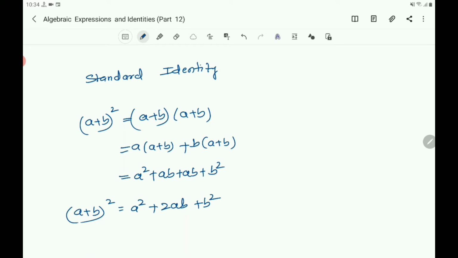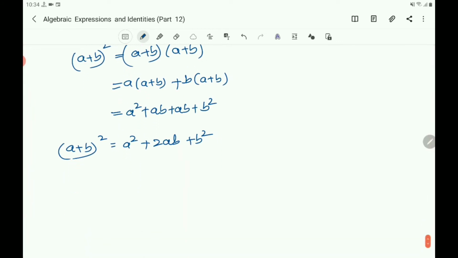So clearly this is an identity because this is true for all the values of the variable in it. So you may verify that for any value of a and any value of b, the values of the two sides are equal here.